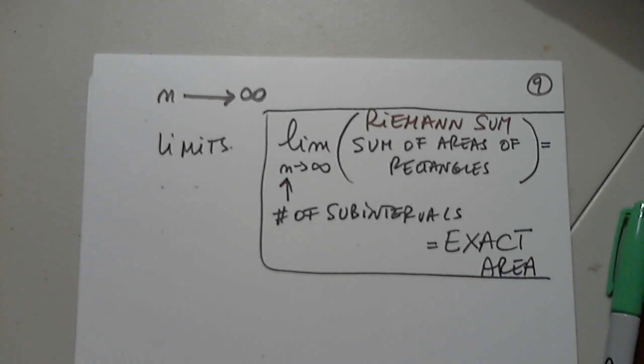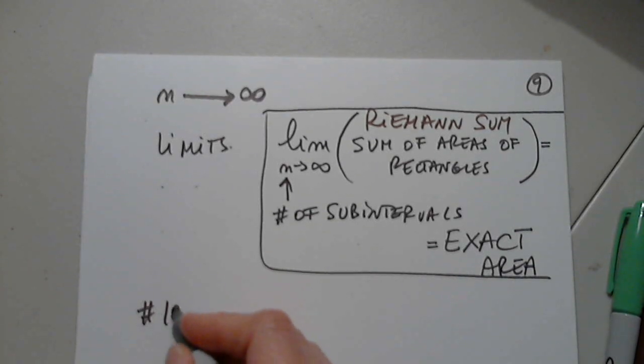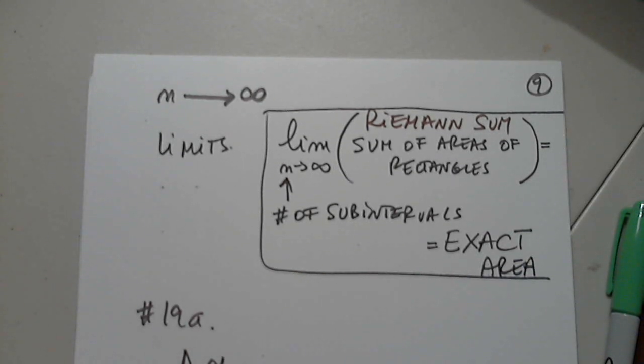So if we want to just look at 19a, first of all, the area will be approximately, it's left 7. I like to write it like this. You can write it in other ways, I'm fine. So the area using the leftmost point and 7 subintervals. Now, I would like to pull out the width of the interval, which is the same.